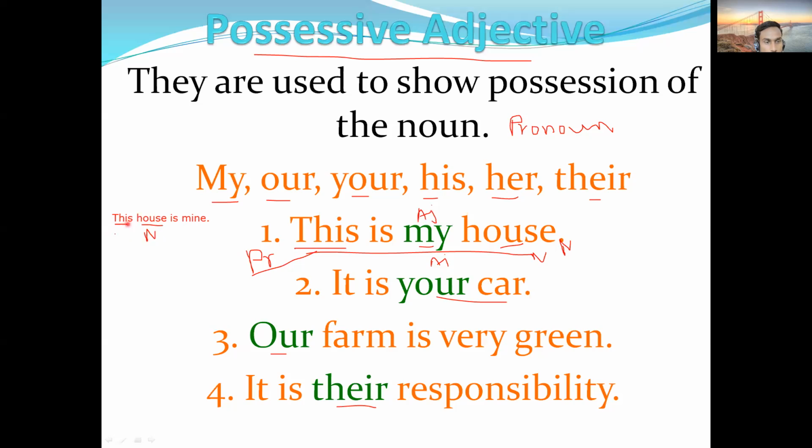But now this is not a pronoun here. This became an adjective. You have just studied the type: this, that, these, those, such. Which type? Demonstrative adjectives. Okay? Demonstrative adjective. And mine is not an adjective here now. Mine became a pronoun. Which pronoun? Possessive pronoun.